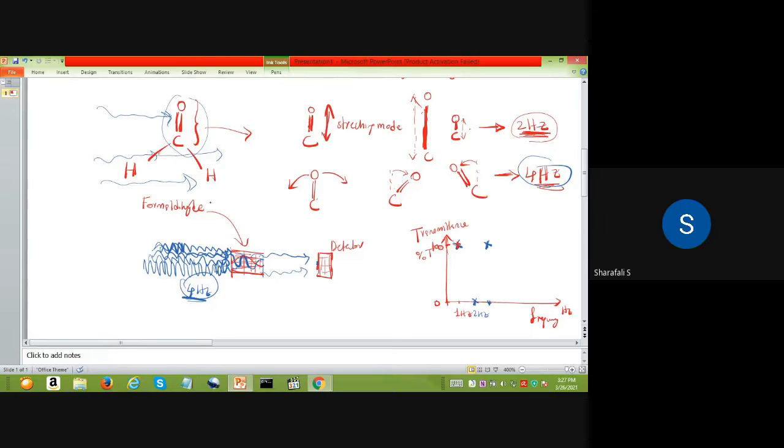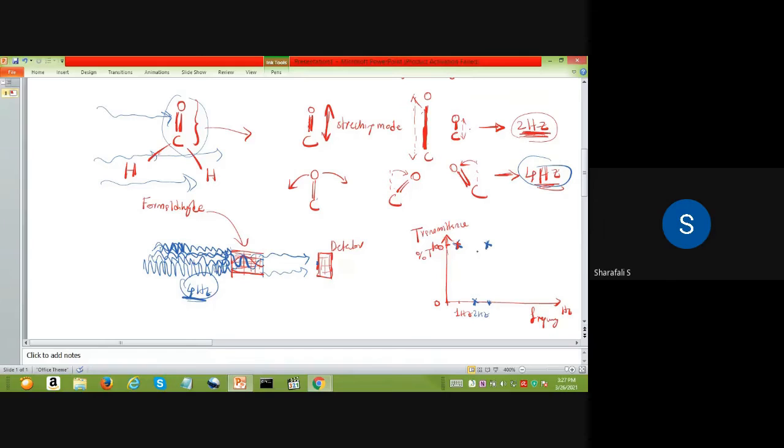Majority may get absorbed, but some photons will not interact with this carbonyl group. Those which are not interacting will not get absorbed, and those which are interacting will get absorbed. So the intensity will not become zero, but it will be decreased.